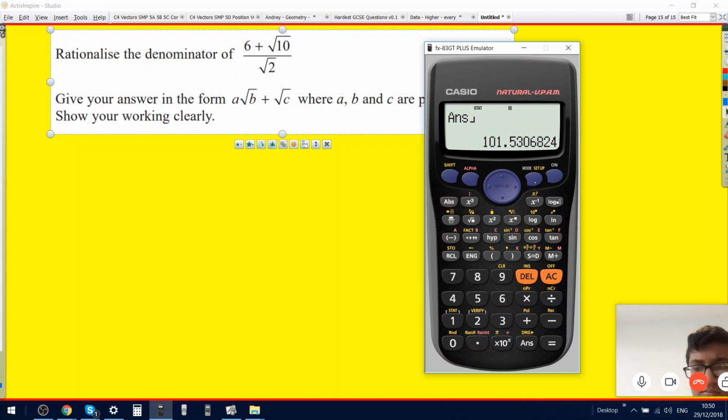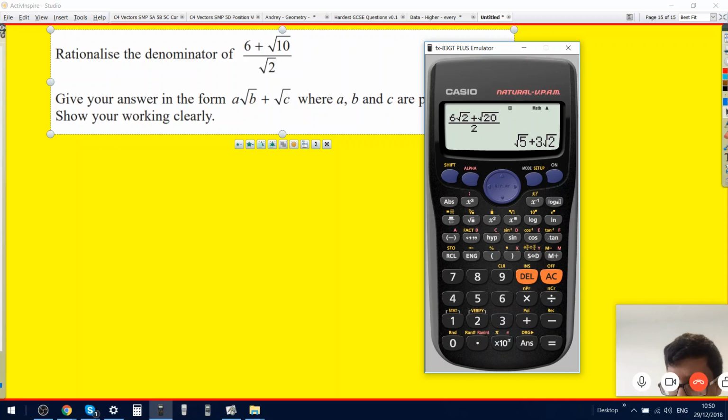And if you're stuck, originally it was 6 root 2 plus root 20 over 2. I think it was 6 plus root 10 over root 2, so I multiplied the top and bottom by root 2.